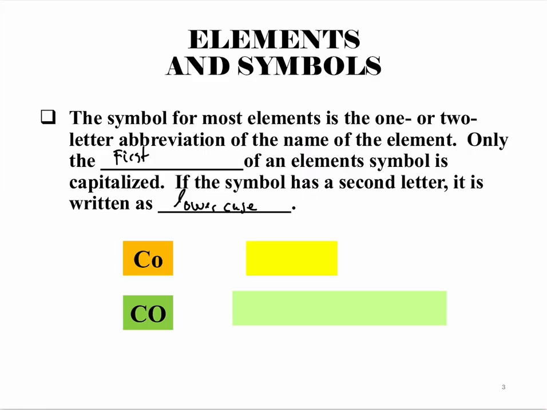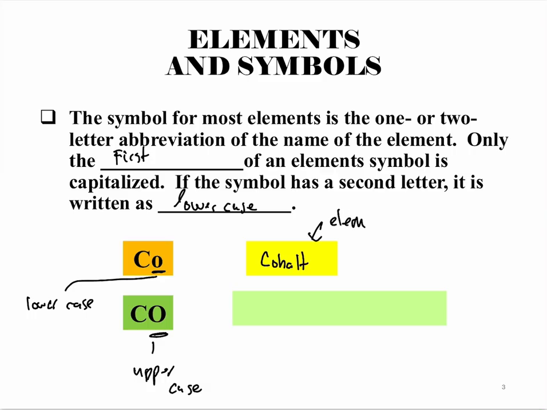Especially in intro chemistry, a mistake that happens a lot is the lowercase. So this o is lowercase, whereas this one is uppercase. The first symbol there, Co with a lowercase o, represents the element cobalt.